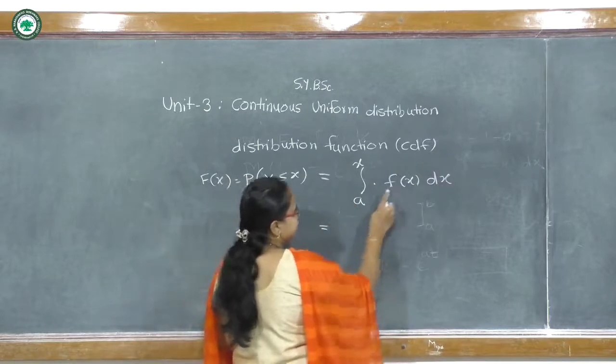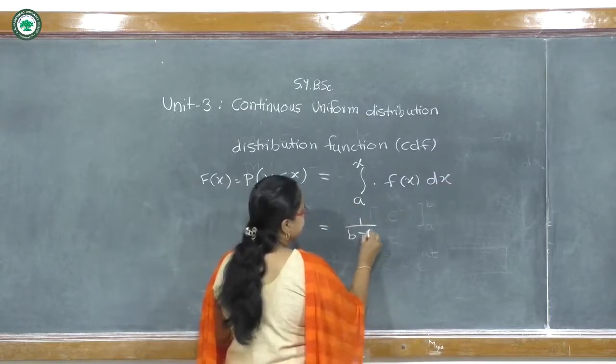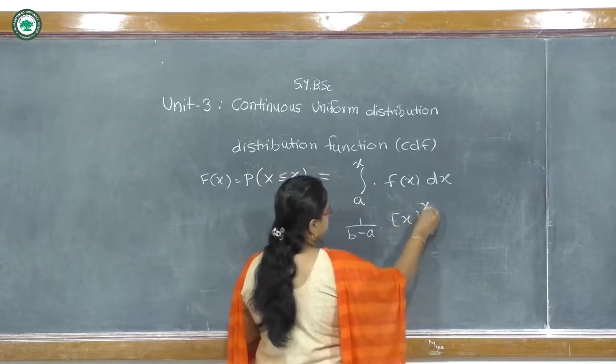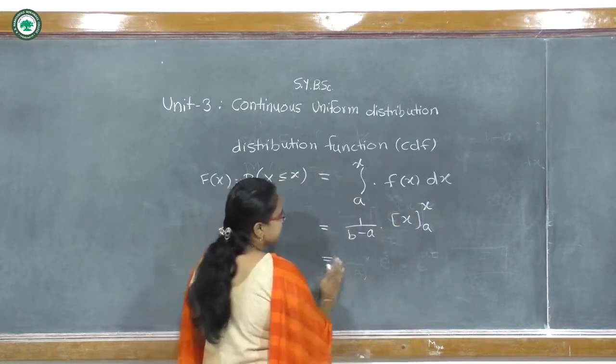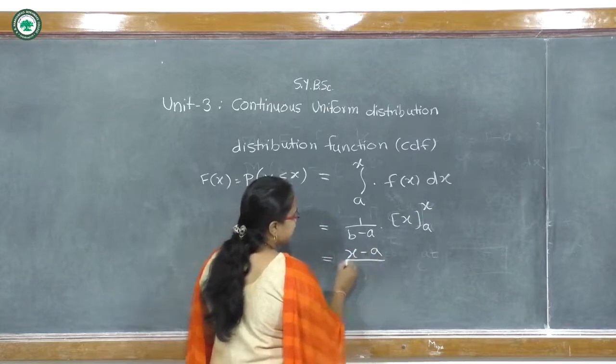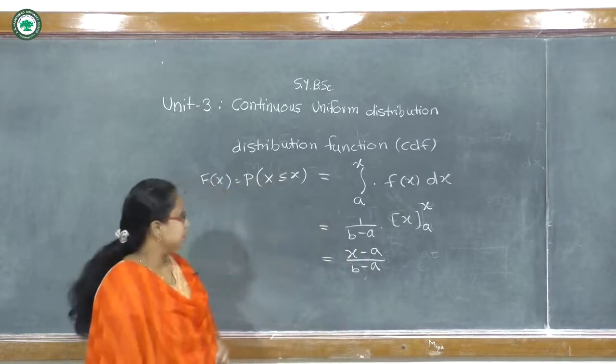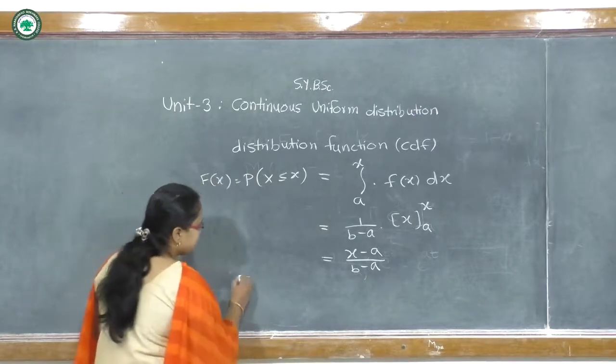Let us substitute. So it is (x minus a) upon (b minus a). So this is the CDF. We can write it in this way.